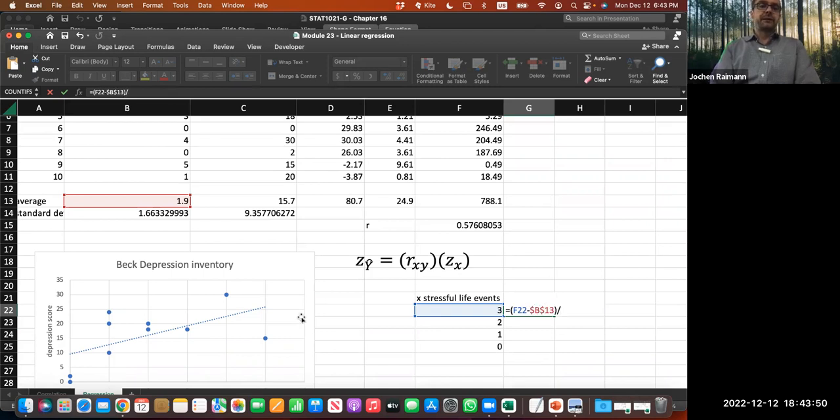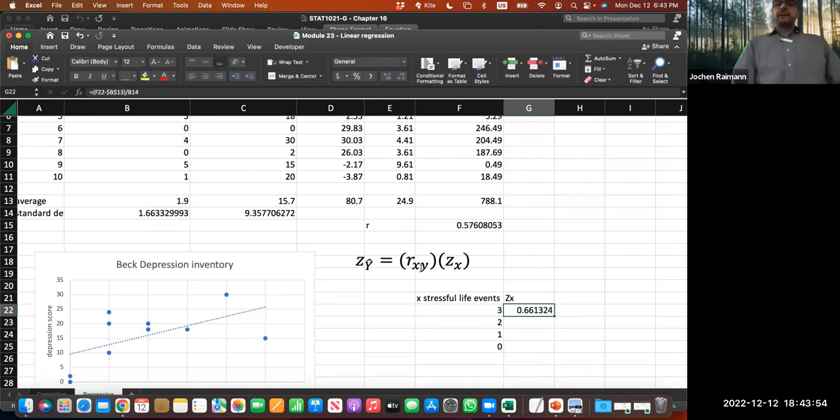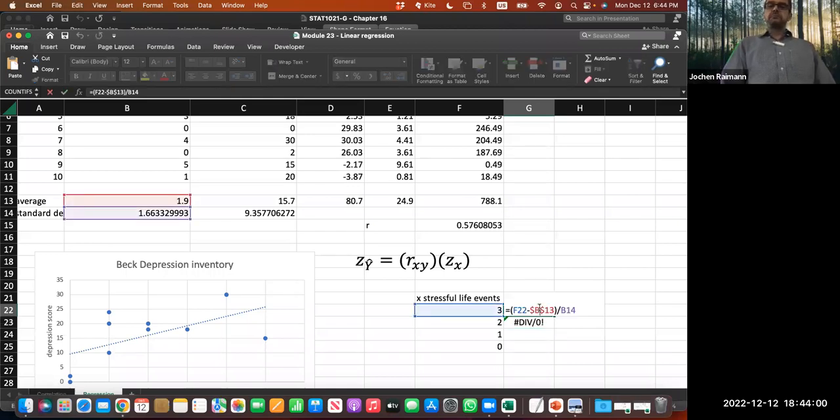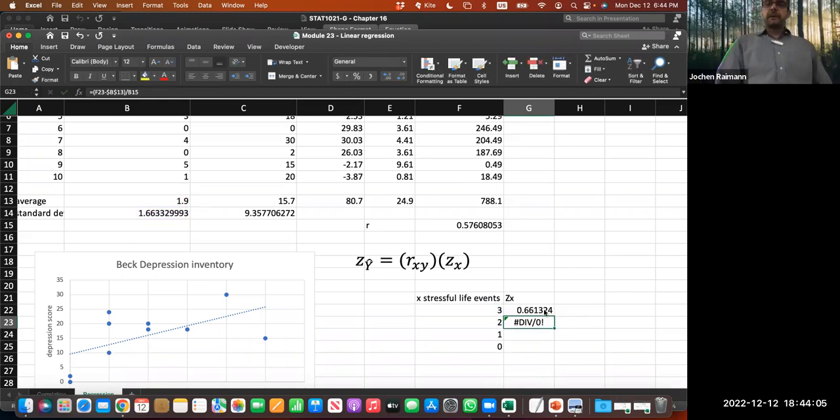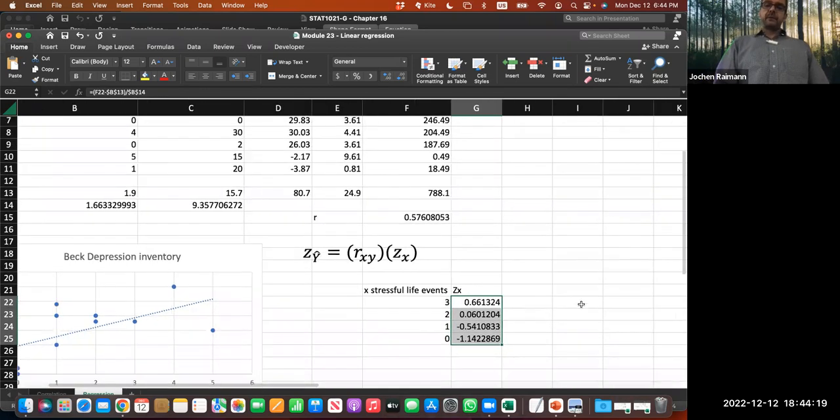And the standard deviation we have calculated, so we need to standardize it. So now for set x, we have 0.66. For 2 stressful life events, we have 0.06. For 1, because it's less than the mean x, we have minus 0.54. And for 0, we have minus 114.